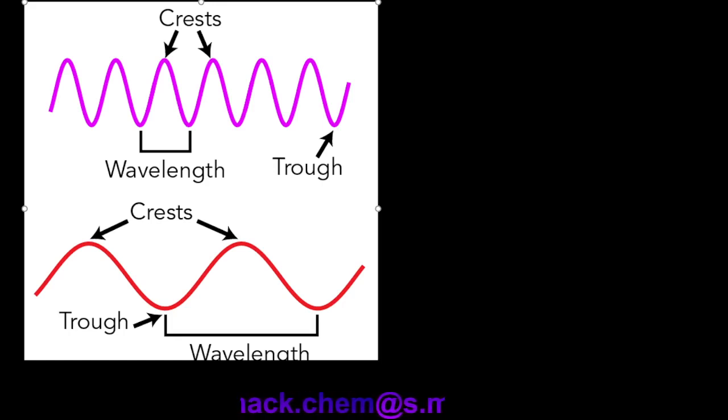In order to do so, we're going to look at a diagram where we see light represented as a wave, and there are two terms called the crest and the trough, where the distance between two crests or the distance between two troughs is what we call wavelength. Remember that, please. Wavelength is the distance between two crests or troughs, and I'm going to refer to wavelength now.